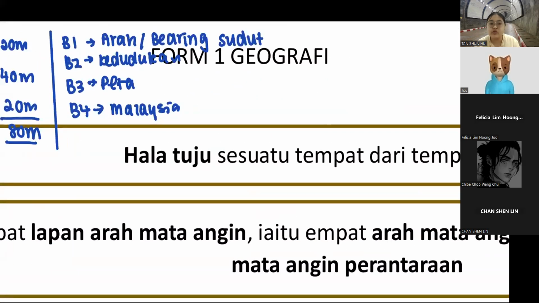Now, 1, 2, 3, 4 are basics, but from 5 onward it is not basics anymore. If your exam has 5 and 6, normally they are aiming at the harder part already. You are required to write a lot in your Bab 5 and Bab 6.